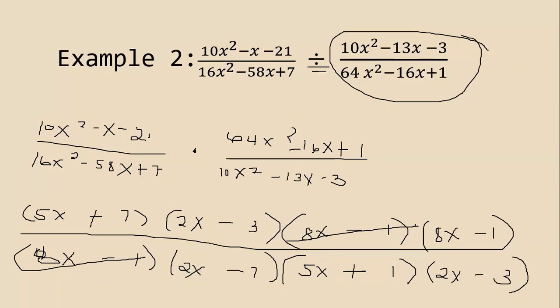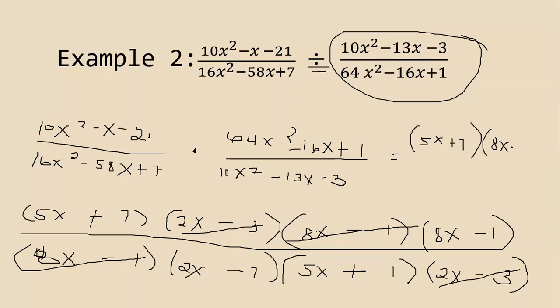So 8x minus 1. And also we have 2x minus 3. And we also have nothing na po.